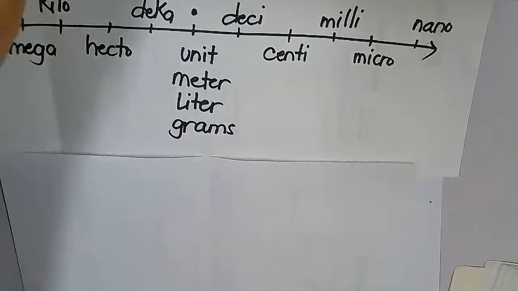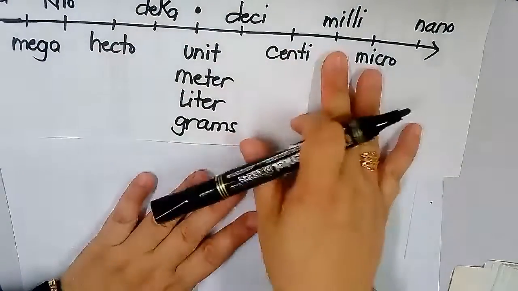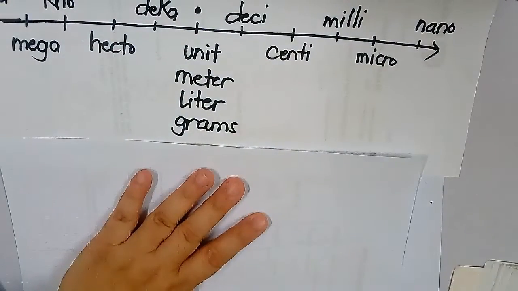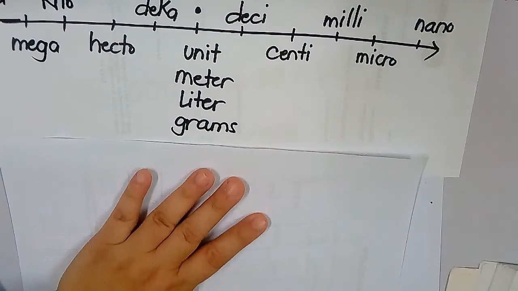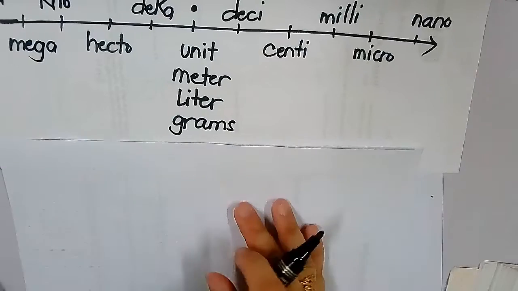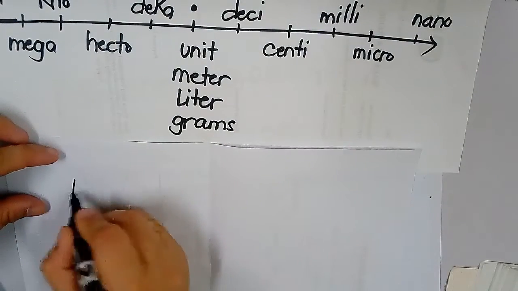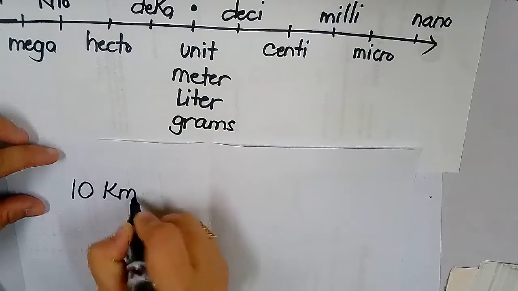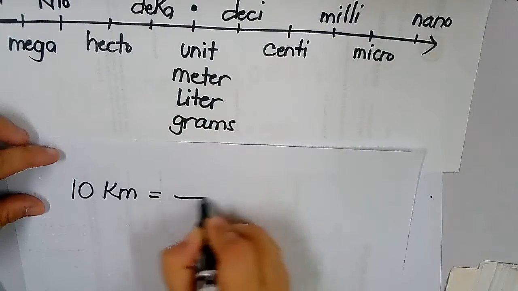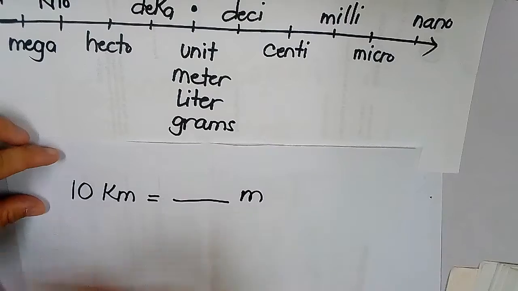So, if we have this number line, and we are going to convert, for example, 10 kilometers, let us convert this to meter. Okay?